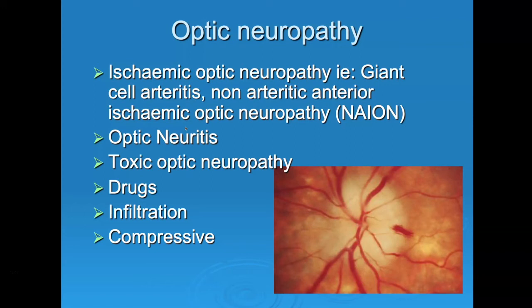This can be a meningioma of the optic nerve, or a pituitary tumour sitting over the optic chiasm, taking signal from both optic nerves at once. Severe head trauma can cause optic nerve stretching or even transection. This tends to be with road traffic accidents, but also with severe assaults.